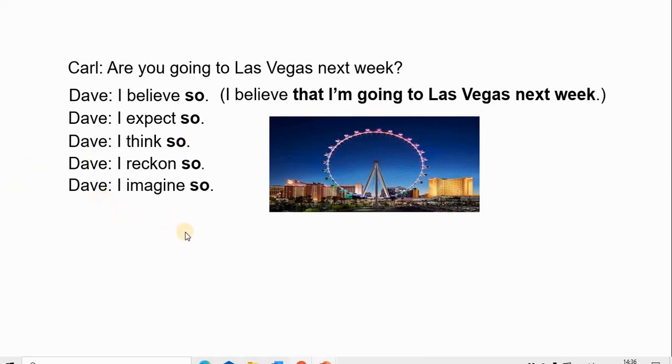Then we also have I imagine so and I suppose so. Again, these two are very similar to these four. These two, imagine and suppose, are more vague. It's less certain. When someone says, I suppose so, to this question, it suggests that perhaps they're not very motivated.